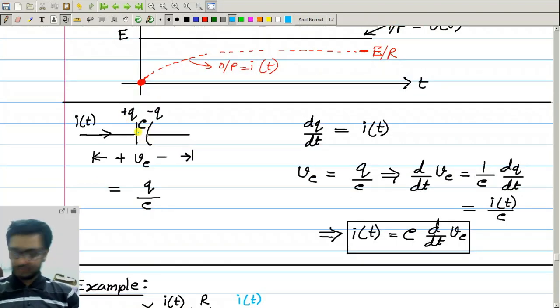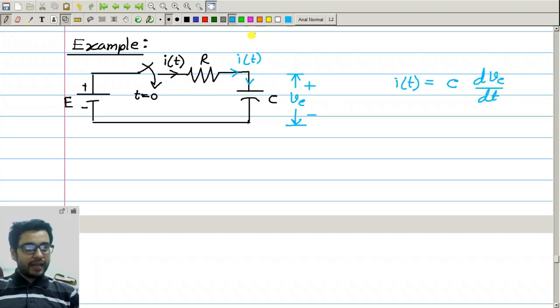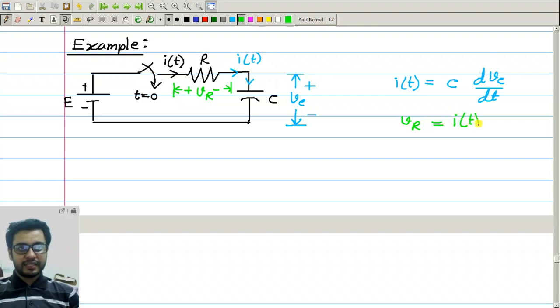So we can write for this circuit i(t) is equal to C dVc/dt. And if I define the voltage across this resistance as VR, with the left side plus and right side minus, then I can write using Ohm's law VR is equal to i(t) times R.